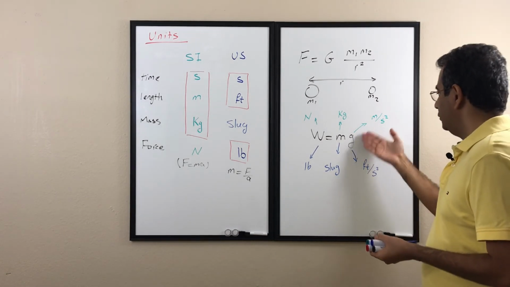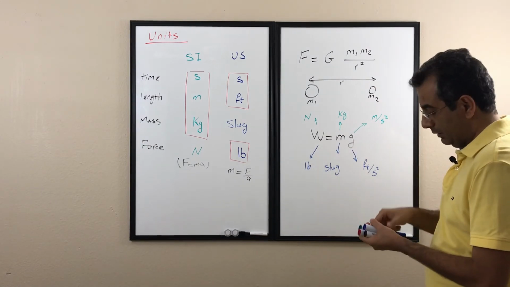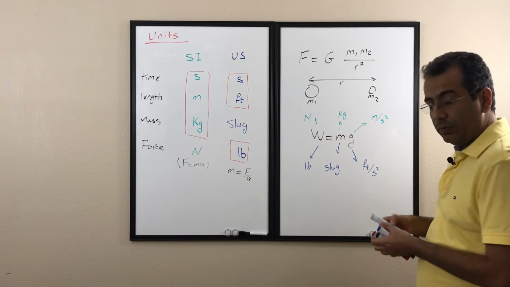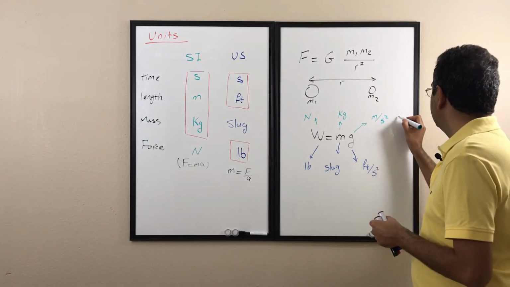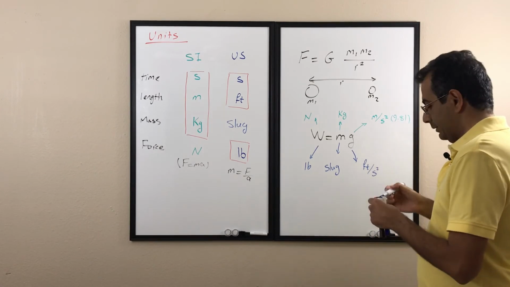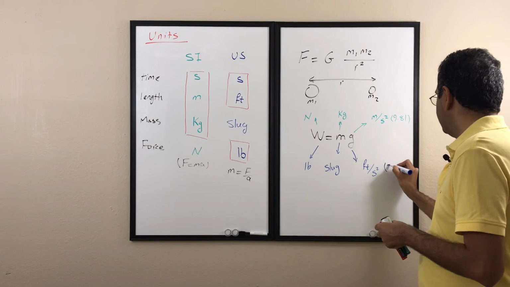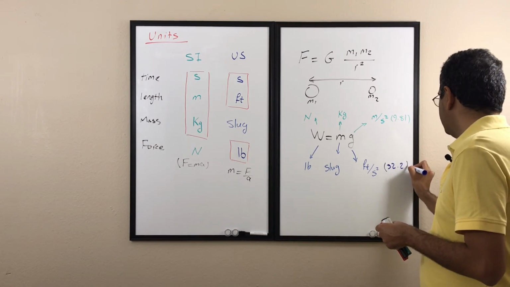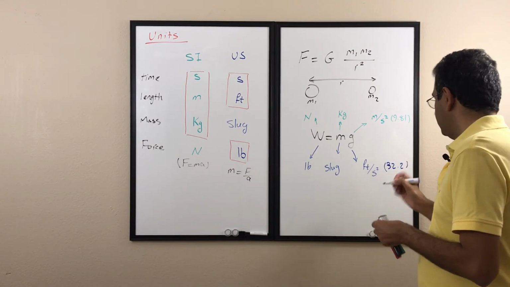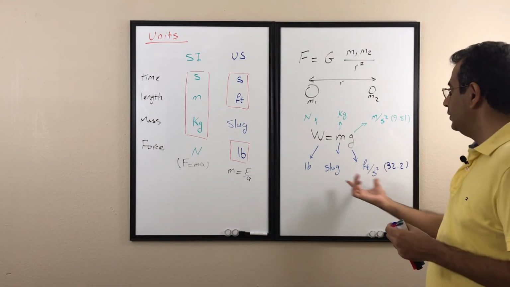And you probably know that G is 9.81 in the SI unit, and it's 32.2 in the US customary unit.